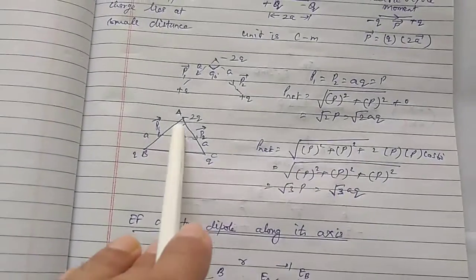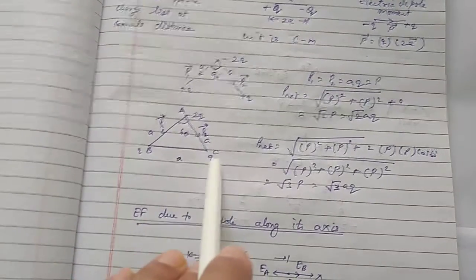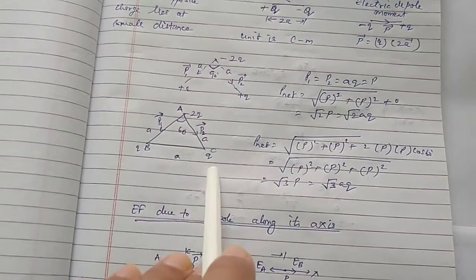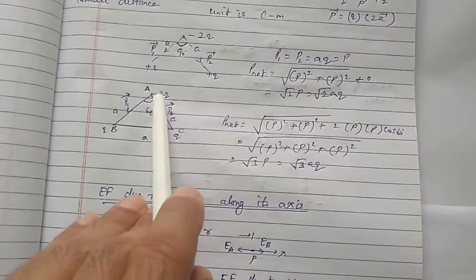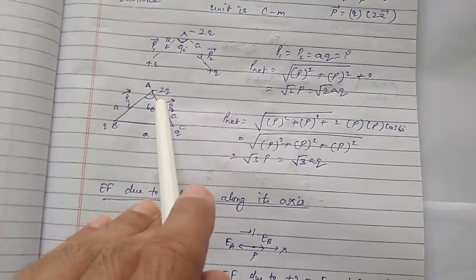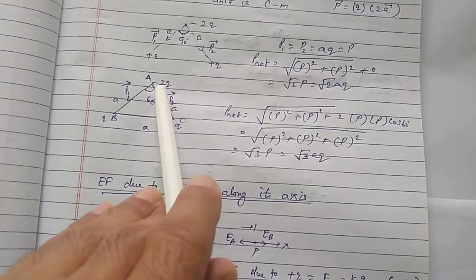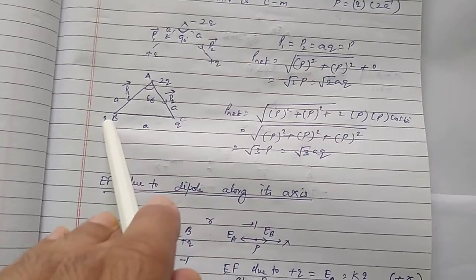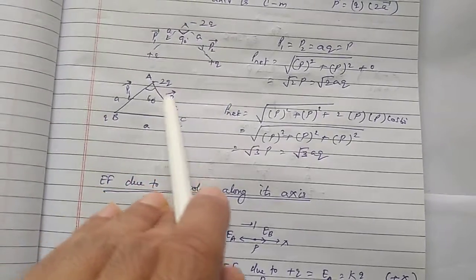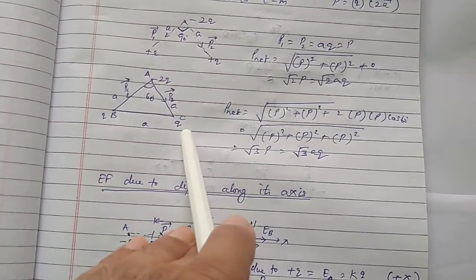Take another example here again. I am taking an equilateral triangle here. This is Q charge, this is Q charge, this is minus 2Q charge. And you know that minus 2Q is again split into minus Q and minus Q. One minus Q will constitute a dipole with this and another minus Q will constitute a dipole with this.